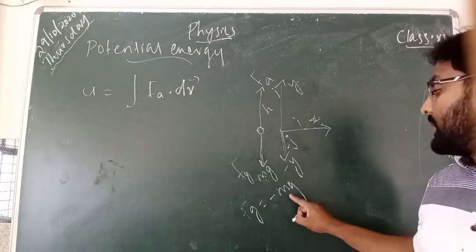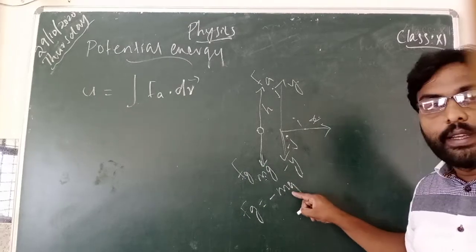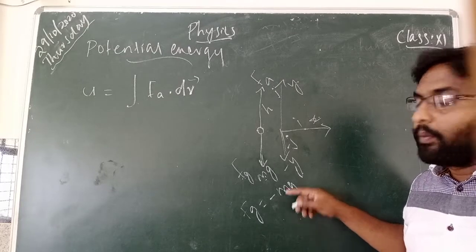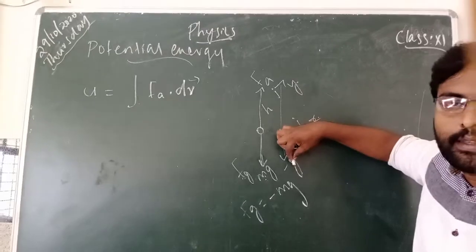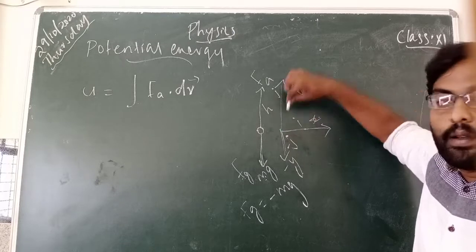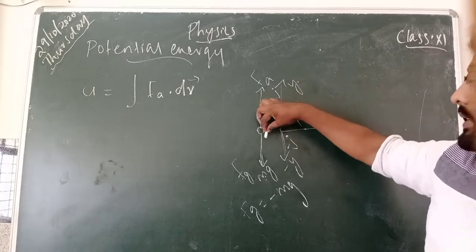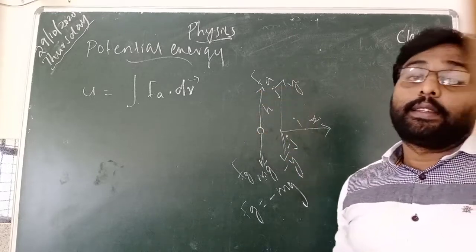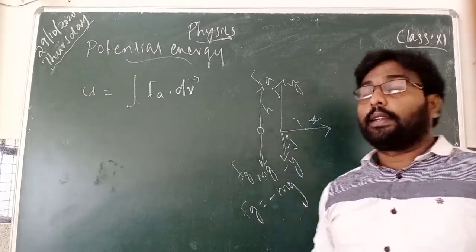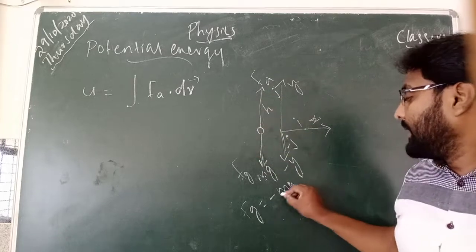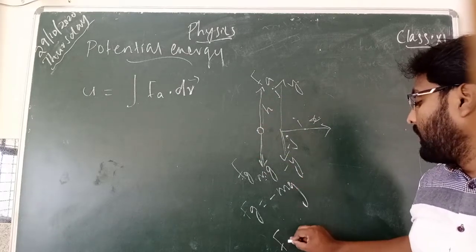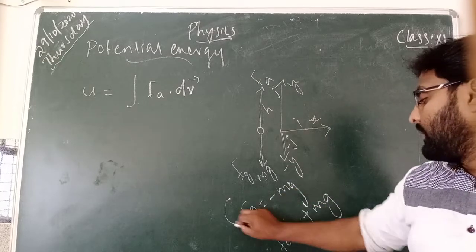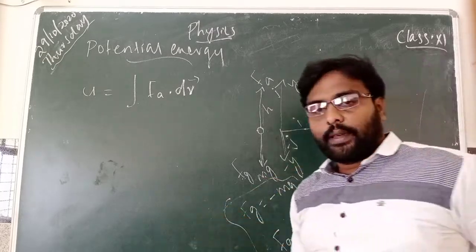Fg, the gravitational force, is minus mg. Why minus here? Because it is in the minus y direction; the vector direction is minus j, downward. This gravitational force is acting in this direction, opposite to the acceleration. So Fg is minus mg, meaning opposite. Fa is plus mg.